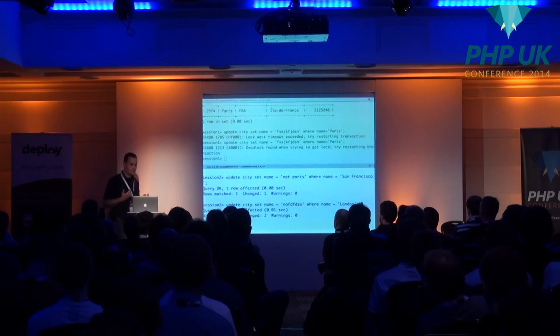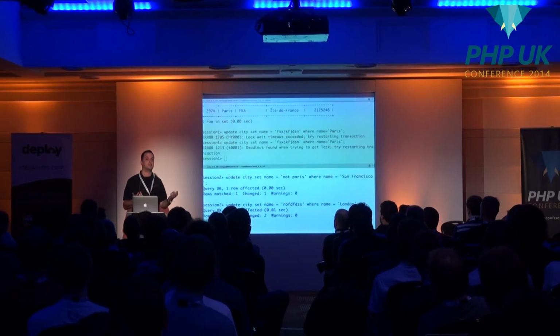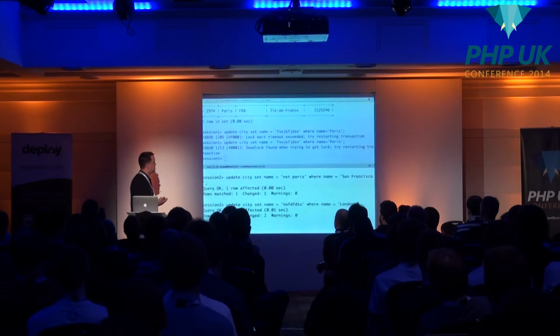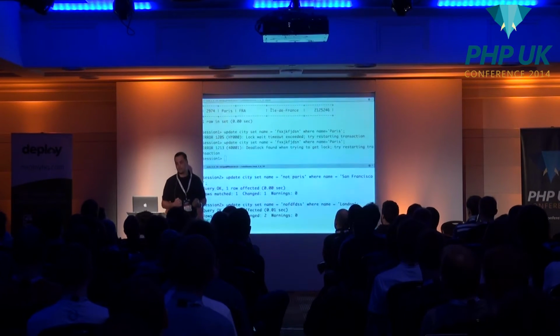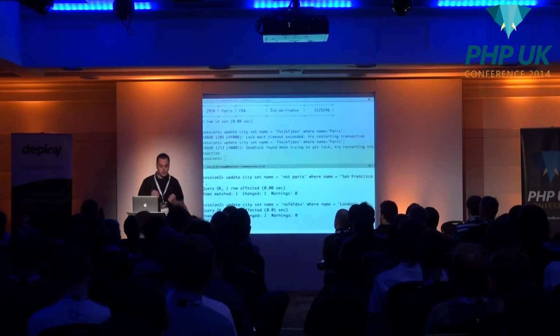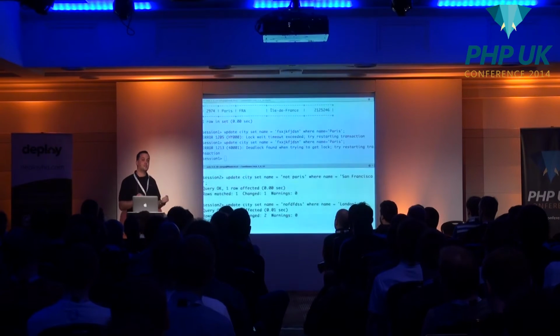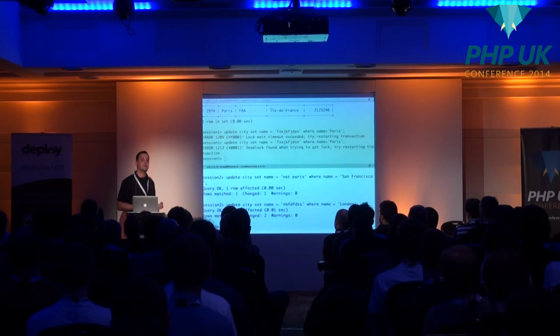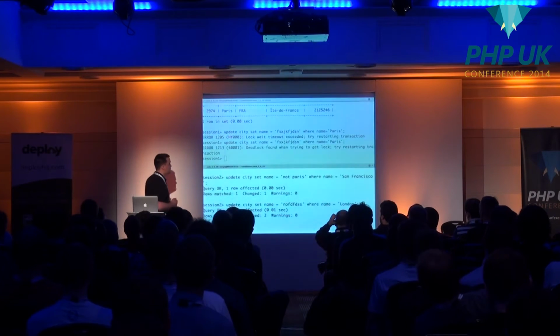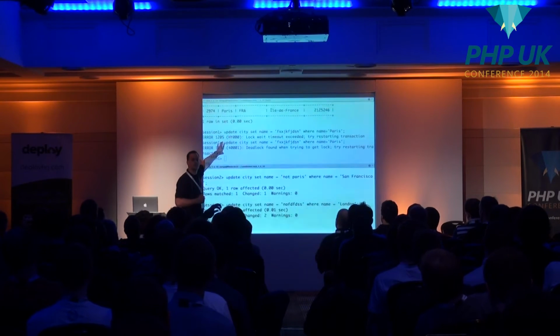So internally, what happens here is we have deadlock detection. And we realize that these two things are just butting up against each other. Forcibly, the deadlock detection steps in, and it chooses to kill one particular transaction. It tells me here, it tried to kill this transaction.